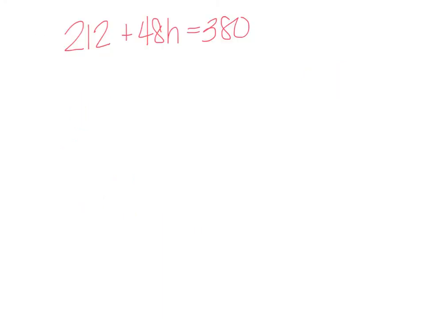Let's start with this first equation of 212 plus 48h equals 380. Again, we are going to be using inverse, so I would recommend that you put this at the top of your paper tomorrow, because we're going to look for addition and subtraction first. And here we see addition, and we are adding 212 and 48h.